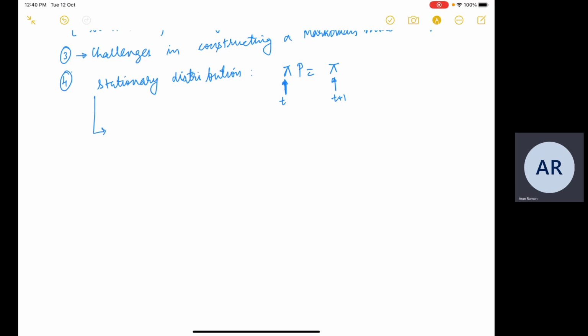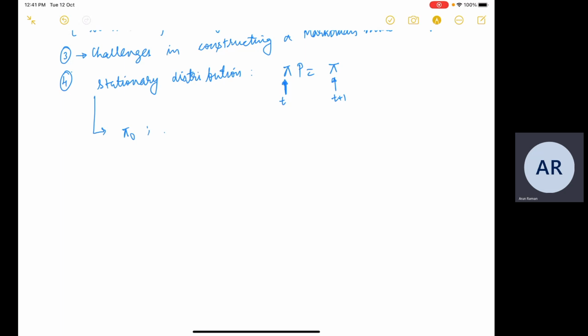Related to this, we saw that if we start a random walk with some probability, let's say pi naught, so we start from a particular state, then we do a random walk. We keep walking, and after a while, if certain conditions are satisfied, we will converge to a stationary distribution.